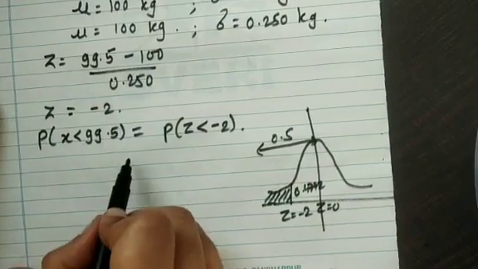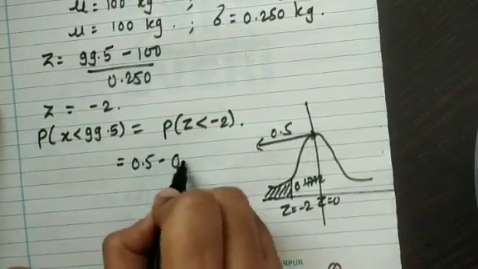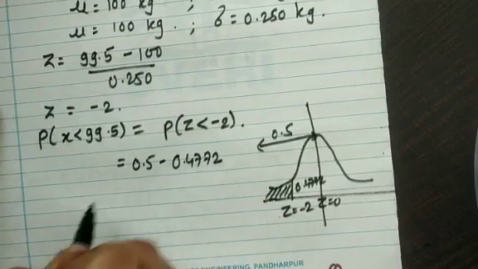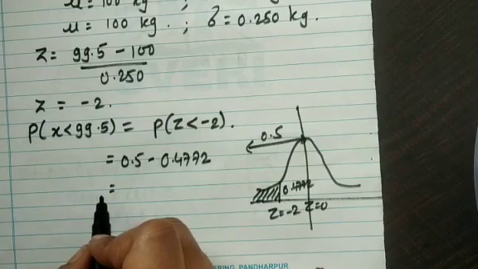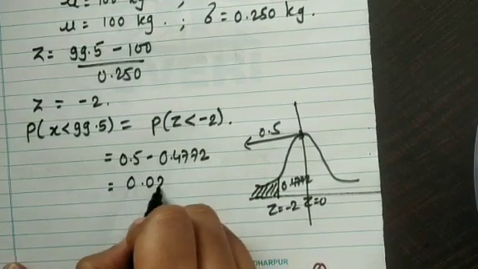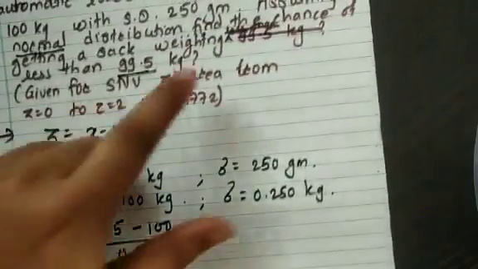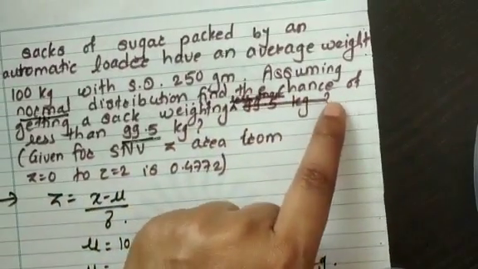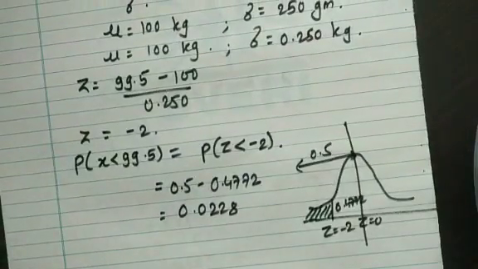Therefore the required area is 0.5 minus 0.4772, that is equal to 0.0228, and it is asked to find the chance, that is, it is just the probability, so this is the required probability.